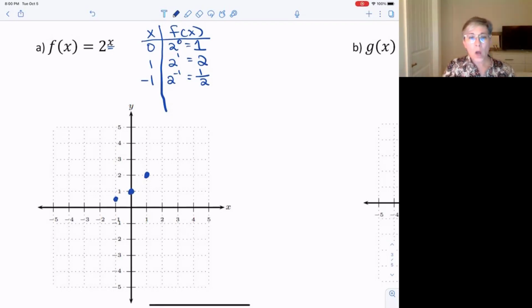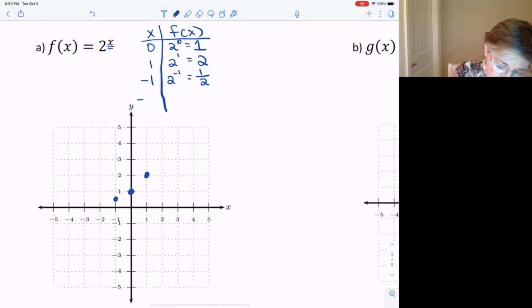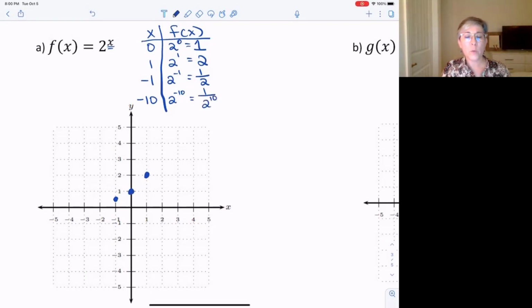As we're drawing the graph here, I want you guys to pay attention to the left-hand side. Let's suppose we had x equals negative 10. Well, 2 to the power of negative 10 is the same thing as 1 over 2 to the positive 10. So it's still a positive number. It's really close to 0, but it doesn't equal 0, and it's not going to go below into the negatives.